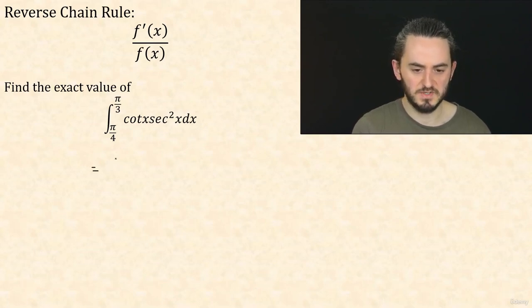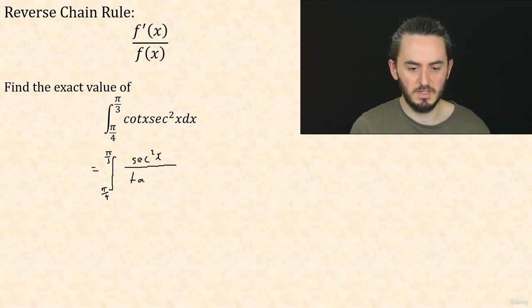So that looks promising because, putting my limits in, pi over 3 and pi over 4, I could rewrite this as sec squared x, and then instead of cot x, it's 1 over tan x. And now I do have it in the form I want, because I've got the derivative of tan x over tan x.